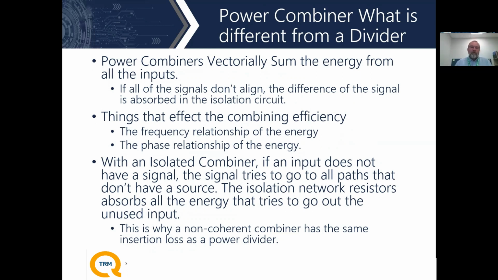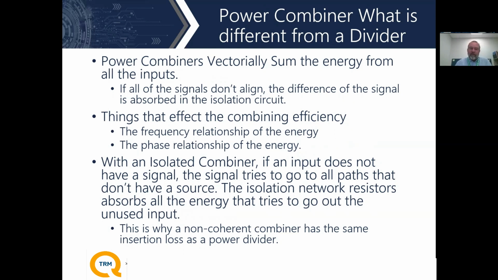The issue that we have with building power combiners, though, is that it doesn't just sum them, it vectorially sums them, which means that if the vector is pointing in a different direction at the input, that non-additive energy has to go somewhere. And where it goes is into the isolation network of the power combiner.